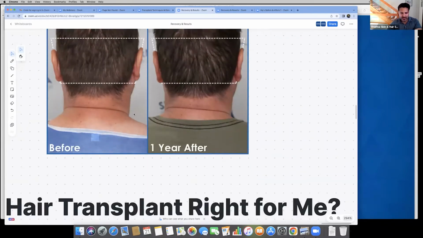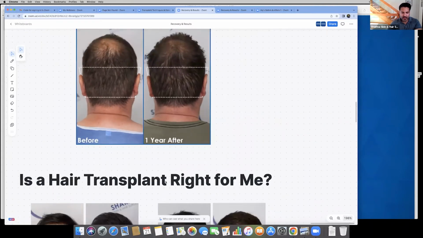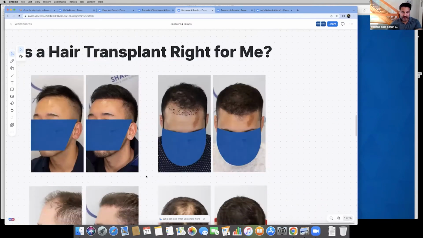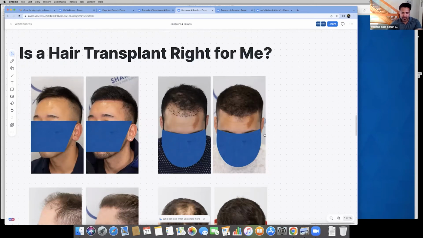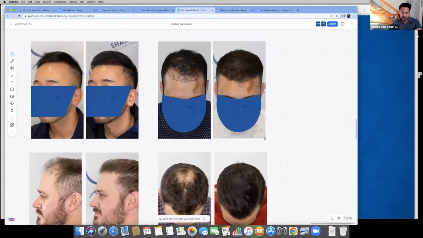Now, let's just talk about this one here. Is hair transplant surgery right for me? Well, the first thing I need to say here is you need to really think about, what's the main cause of your hair loss?